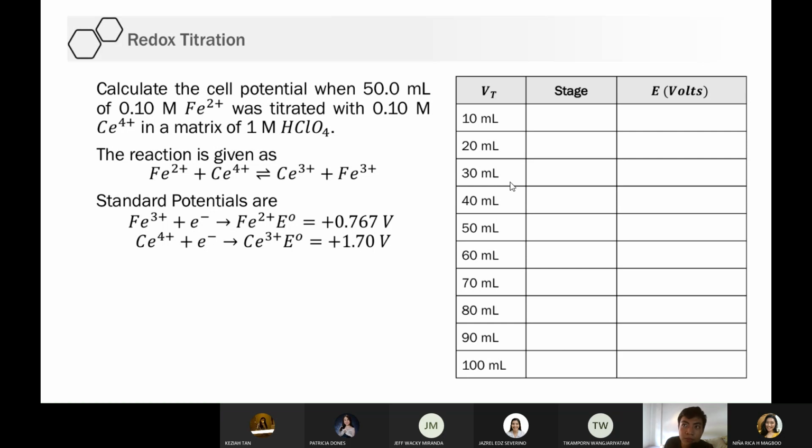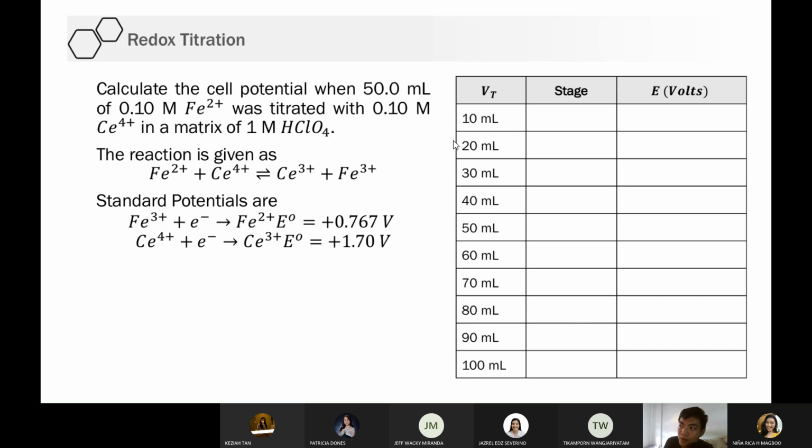If you watch my lab videos on acid-base titration, what I tell my students there is that they should know the stage first, because if you know the stage, then you will know the equation to be used. I don't know if that's the same thing your lab prof tells you, but knowing the stage is very important in any titration process. So you should know first which stage you are in, then you apply the corresponding equations.